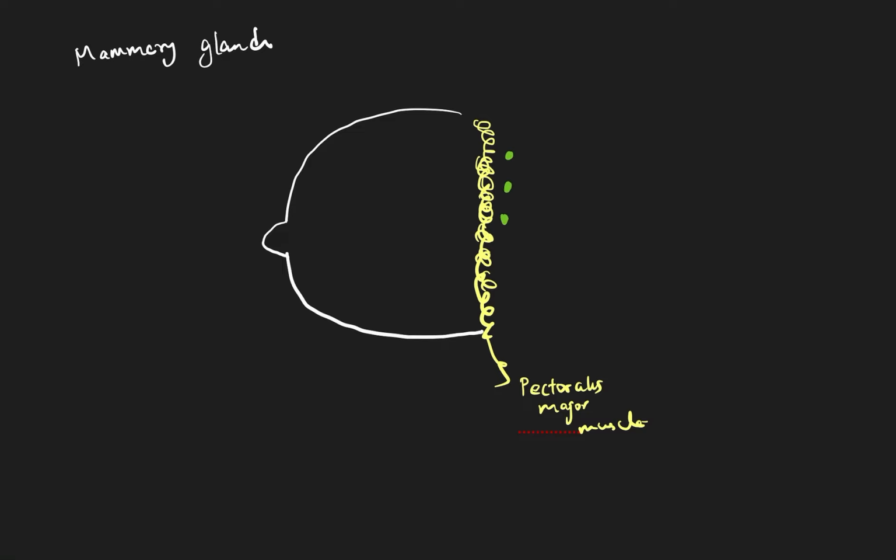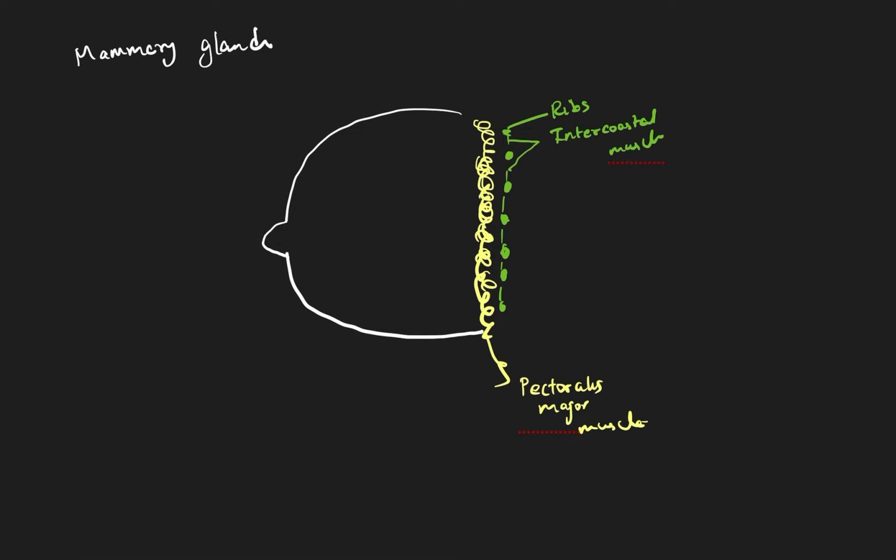These are the ribs. And these are intercostal muscles. The thin one I have drawn is the intercostal muscle, because they are present in between.